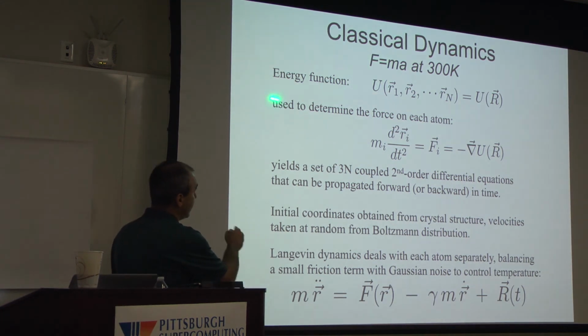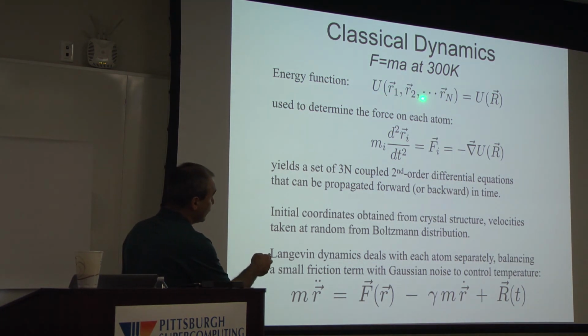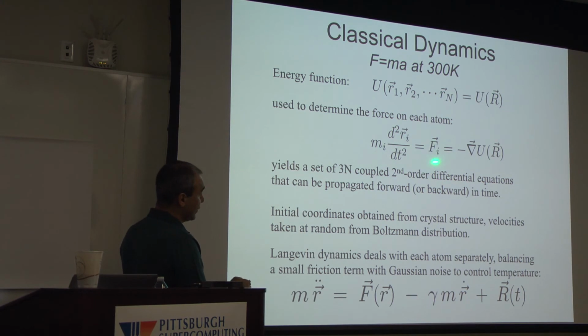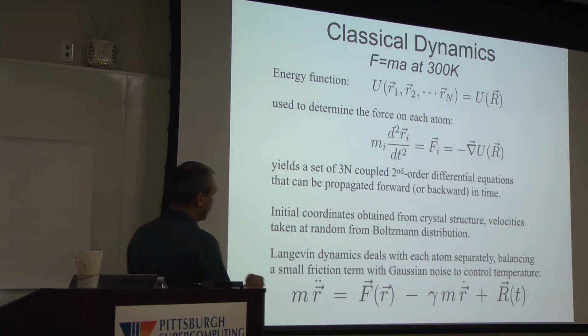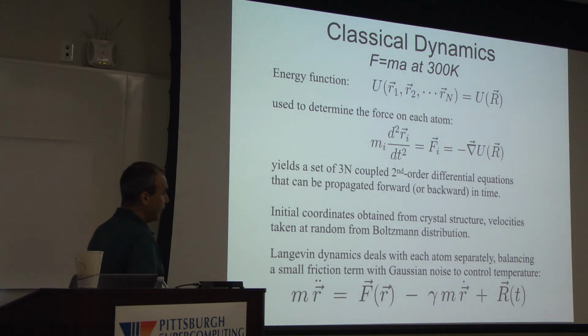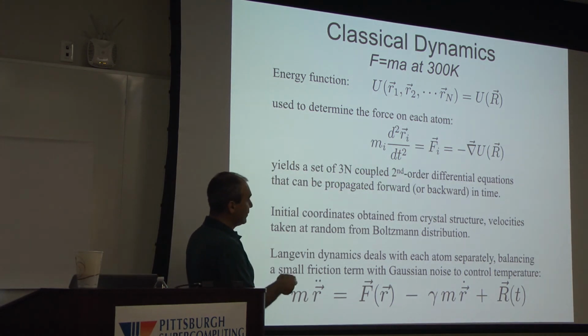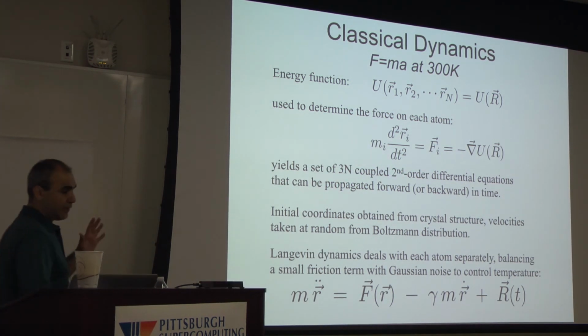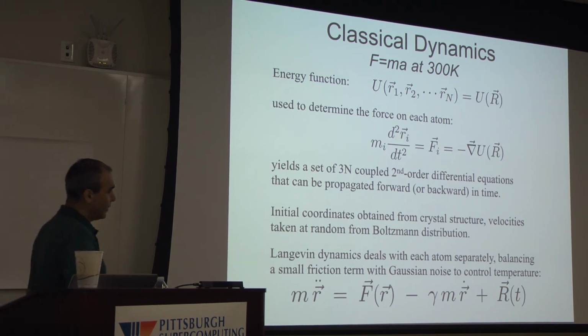So you have your energy function as a function of all of your coordinates. That's your potential energy function. That is used to calculate the force. And the force, which is the derivative of your potential energy, gives you the acceleration. And then the rest is just solving a set of 3n coupled second-order differential equations in Cartesian coordinates.